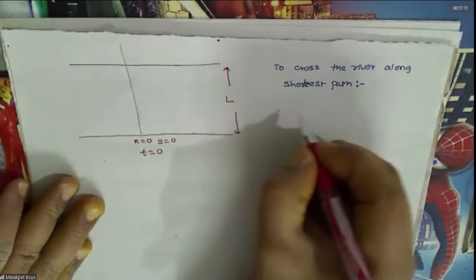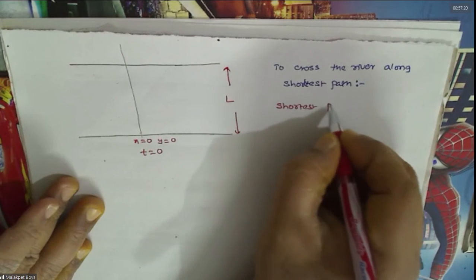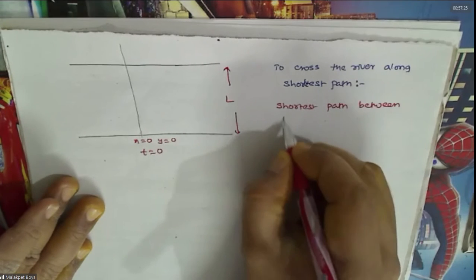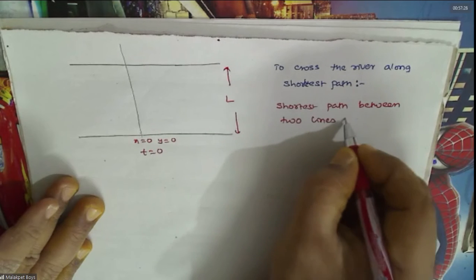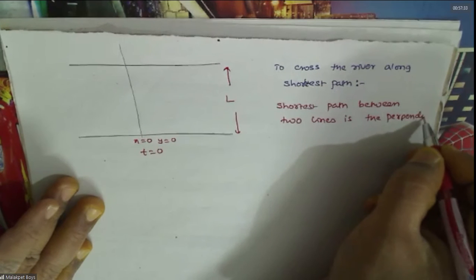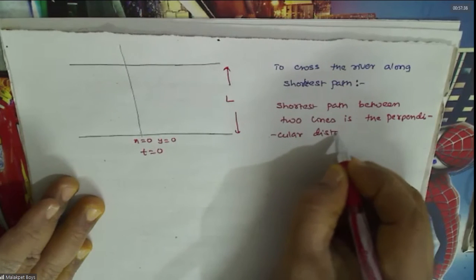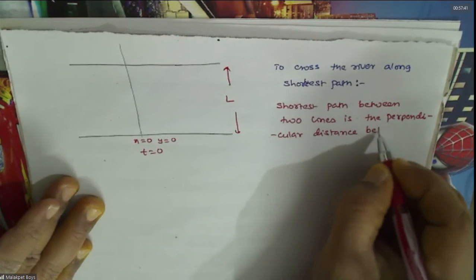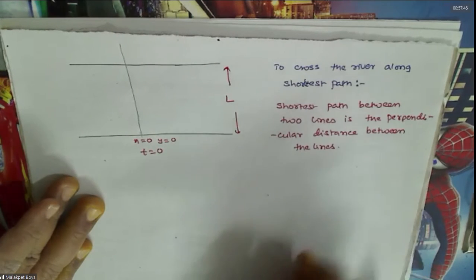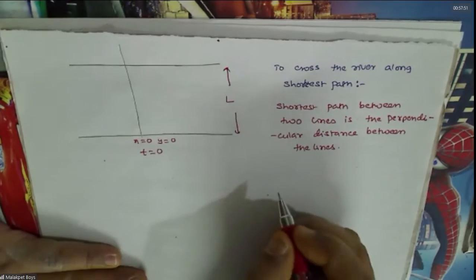Which is the shortest path between 2 points, between 2 lines? It is the perpendicular distance. Understood this? So the perpendicular distance means this one. So he wants to go that way.